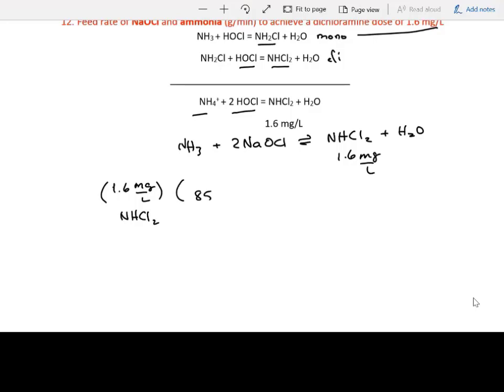That has a molecular weight of 85.92 milligrams per millimole, and that is equal to 0.0186 millimoles per liter.